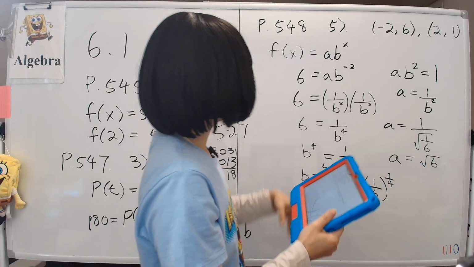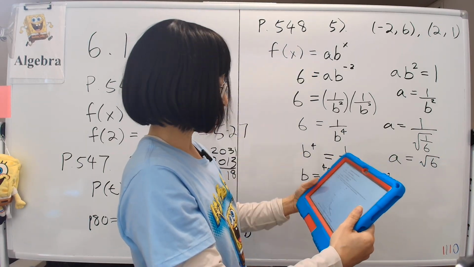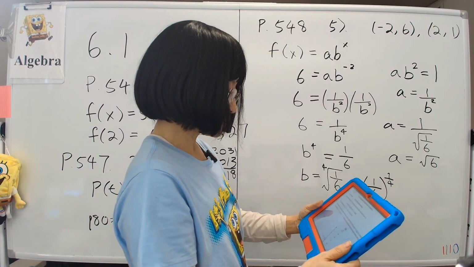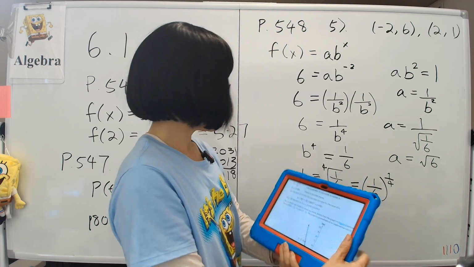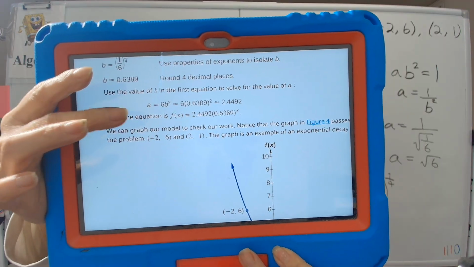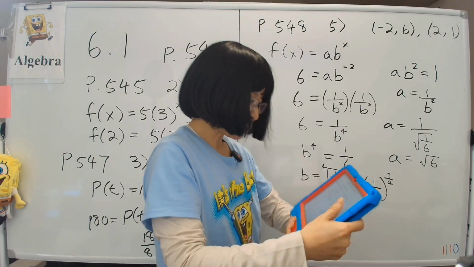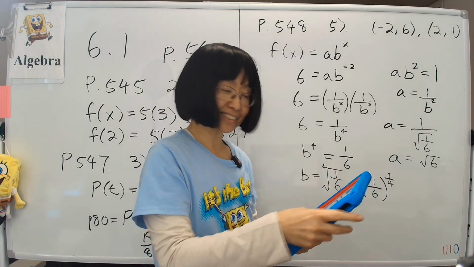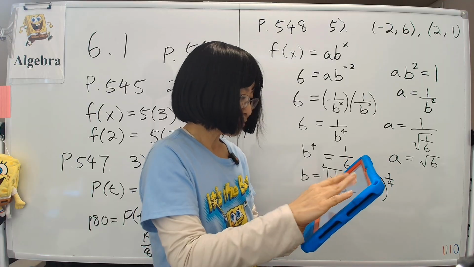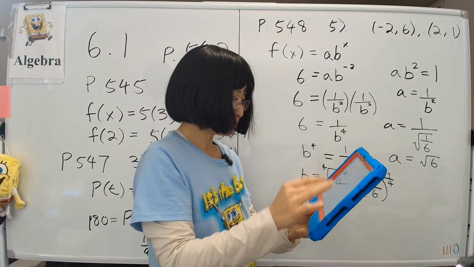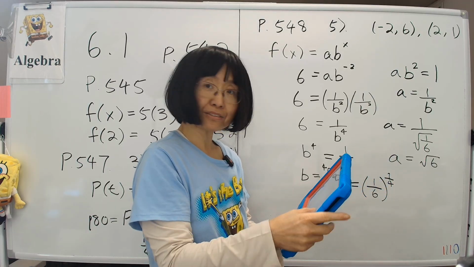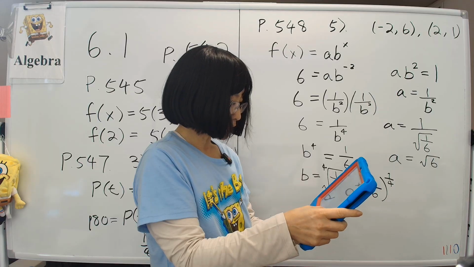And as a result, the function will be given as 2.449, that's A, and then 0.639 to the power x as written down here. Those are very neat, clean numbers. In algebra class we usually deal with cleaner numbers, but ones with a lot of decimal points are okay too. So please do that yourself. And then we'll look at the next thing.